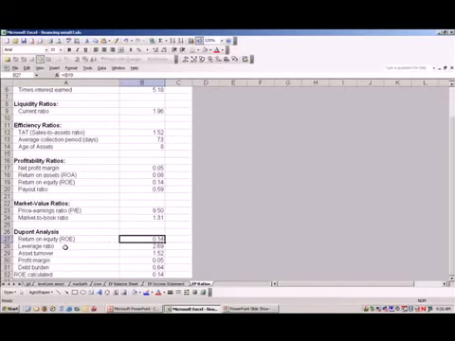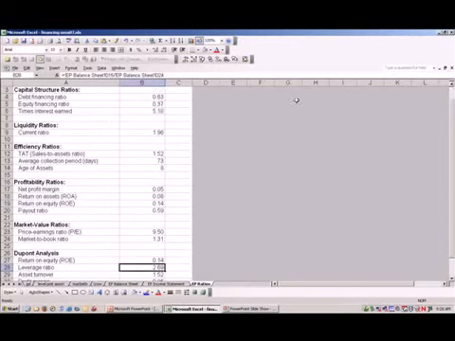The first one is the leverage ratio. Recall that the leverage ratio is the inverse of the equity financing ratio. So if we just scoot up here a little bit, we can see the equity financing ratio is 37%. If we invert 37%, we get a leverage ratio, sometimes called a leverage multiplier, of 2.69.